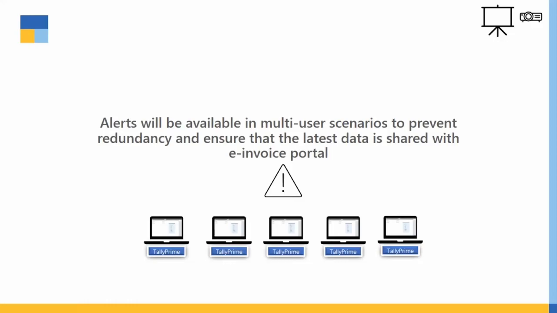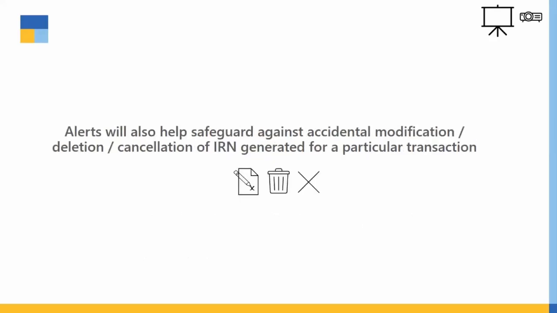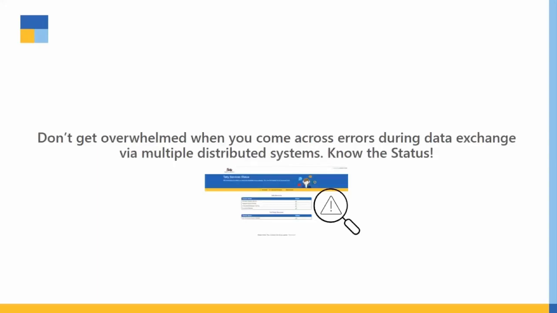It's not that if I generated an e-invoice from one node, the information is not there on the other node. That information is there on the other node as well. We've seen deletion, cancellation, and the safeguards that we need to put. There are a few more safeguards which I will discuss once we move along.